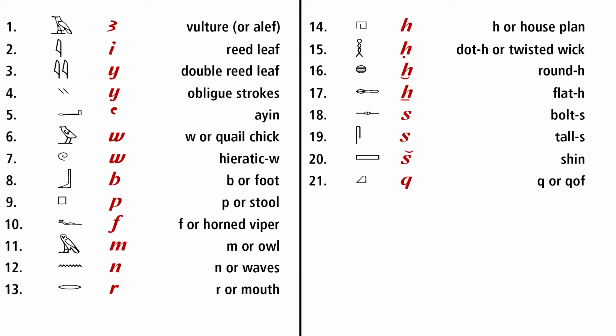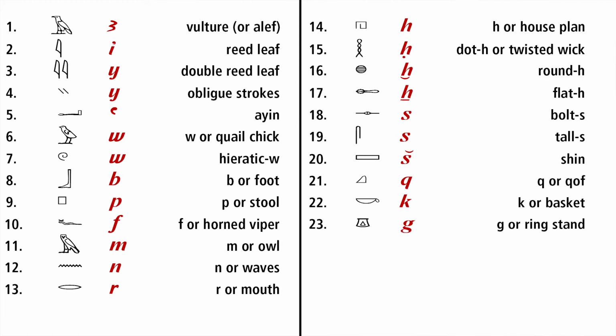We've got the cough or q, which is a kind of breathy k sound. We've got the basket with a handle, which is a k or ka, as in calf. And then we've got the ring stand or g, which is pronounced like a hard g.